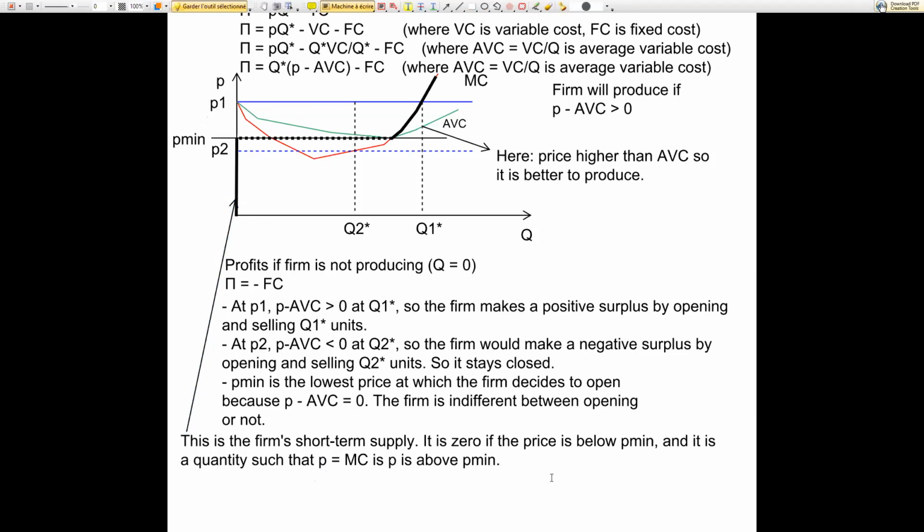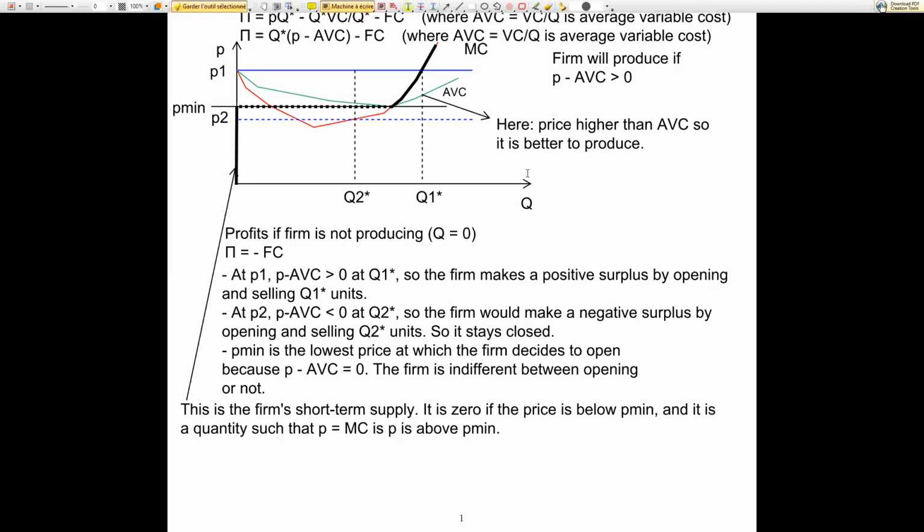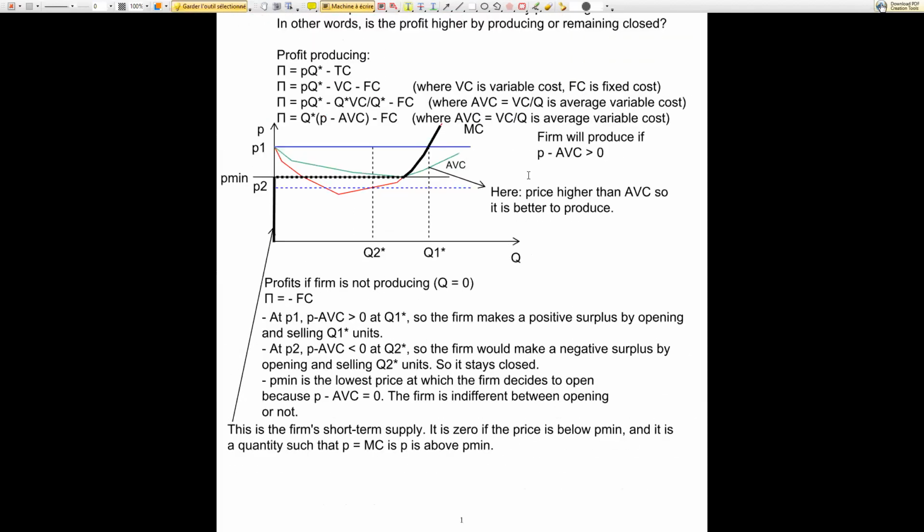Other questions? If not, we can just answer quickly the last question, which is, will the firm make a profit or not? So I think this is crowded enough, so I'm going to make another page real quick.